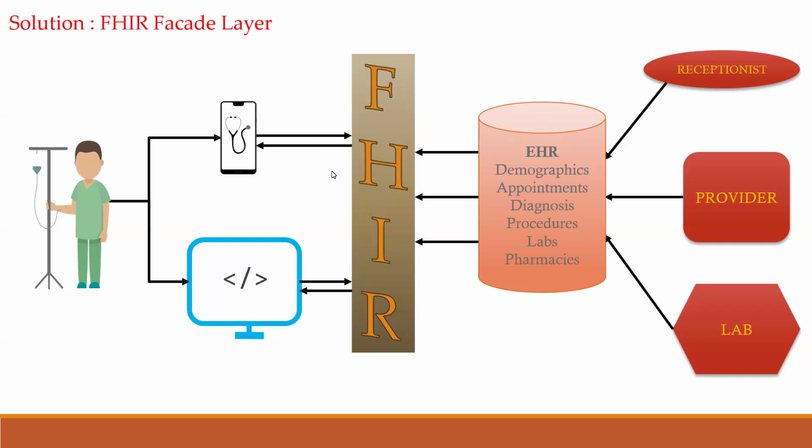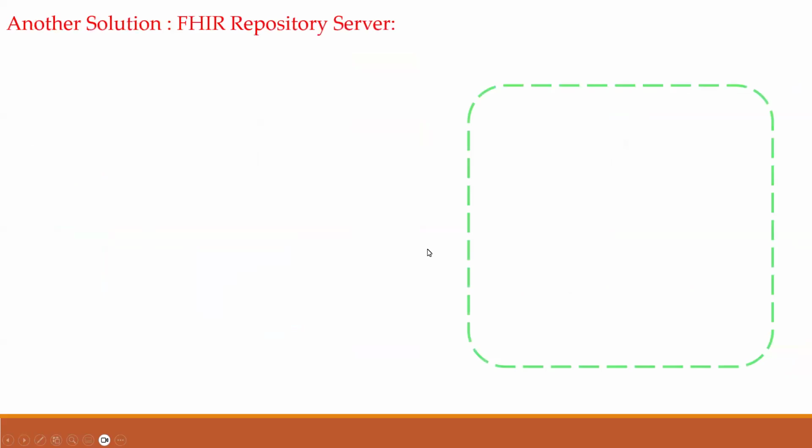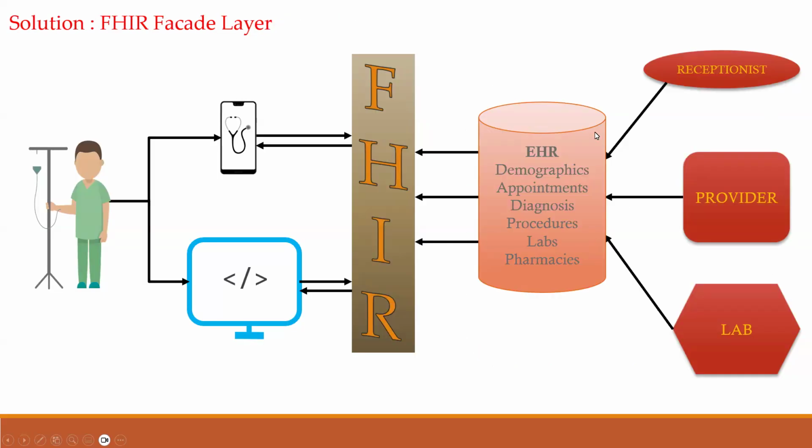Now let's look at another solution that FHIR is providing. In our previous situation, we were talking about an existing EHR database and adding a layer on top of that EHR database.